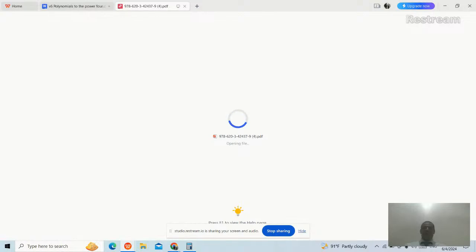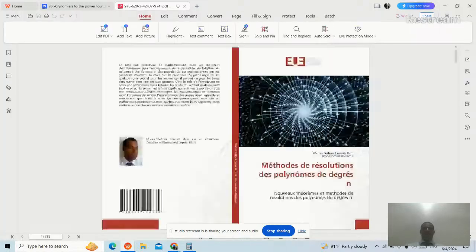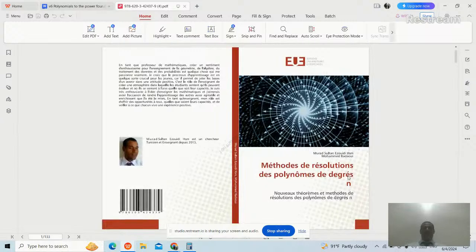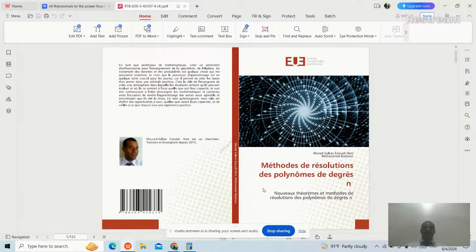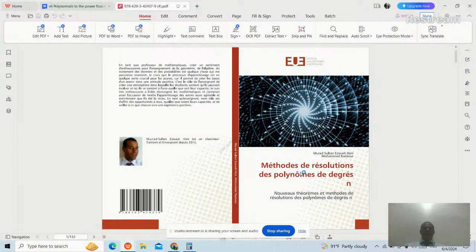It's a wonderful book that contains so many methods with their own proofs. When I started working on this topic, the teacher Mourad Sultan is the author. This is the ISBN, and this is Methods of Resolution of Polynomial to the Power n. This one is written in French.